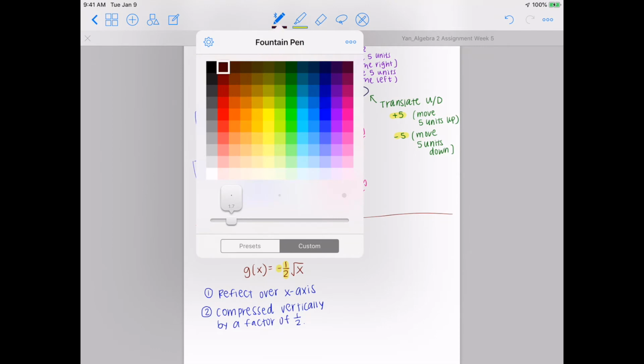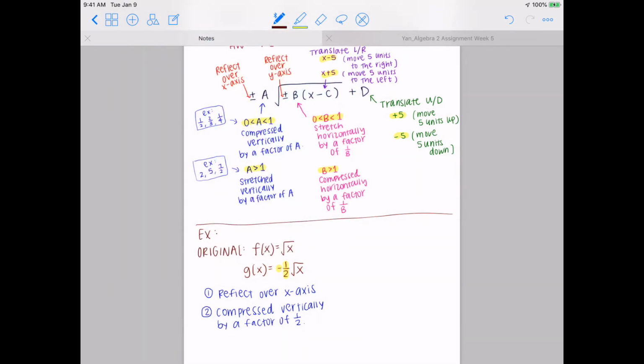So let me show another one. Let's say I have f of x equals the square root of x plus 2. Let's say this is your original and you got g of x equals the square root of negative 4x minus 3.